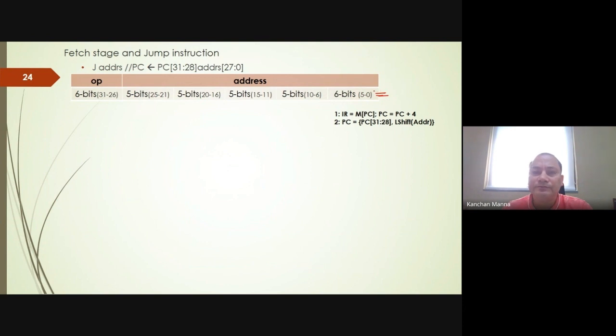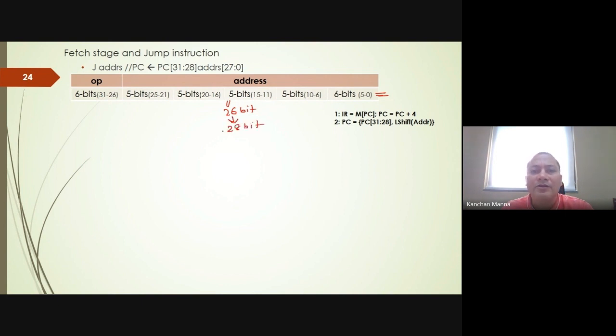So first we have to perform the multiplication with 4, and you can see the operation. The address here is 26 bit. If we perform left shift by 2 or multiply by 4, then it would be 28 bit.